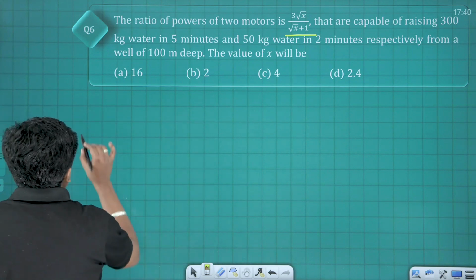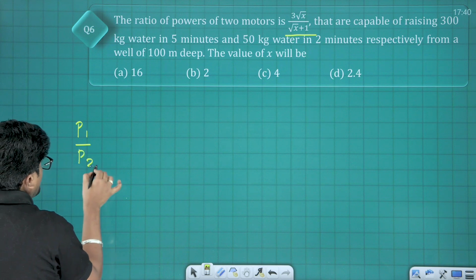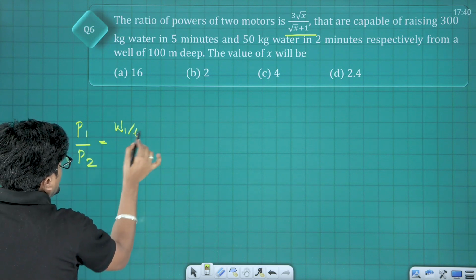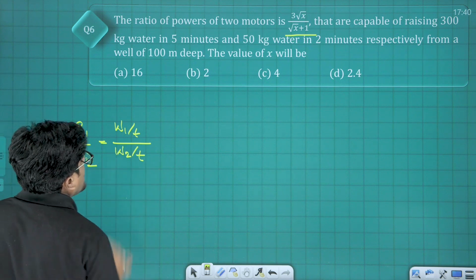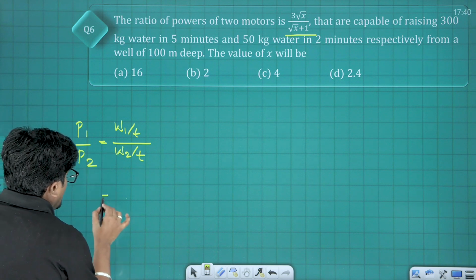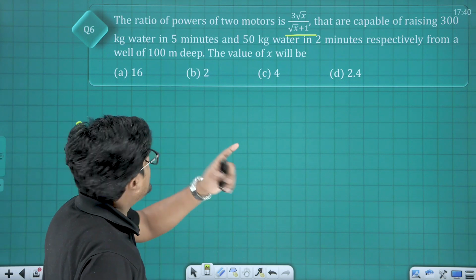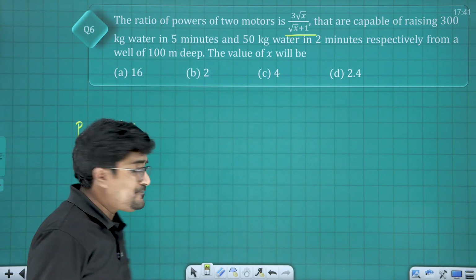So basically the ratio of power, that is P1 by P2, needs to be work done in first case upon time taken, upon work done in second case upon time taken. Alright. Now let me check what is work done in case number 1. Work done in case number 1 is going to be 300 kg water.